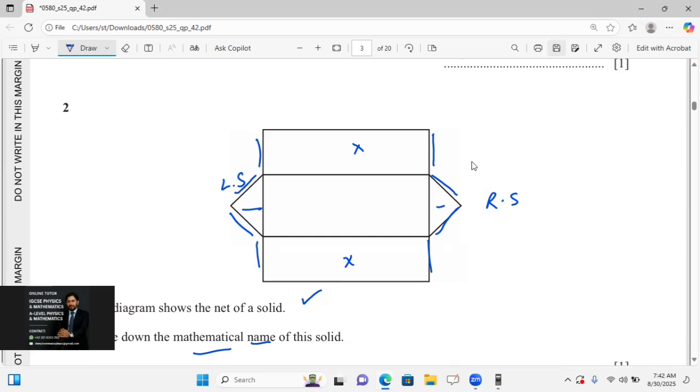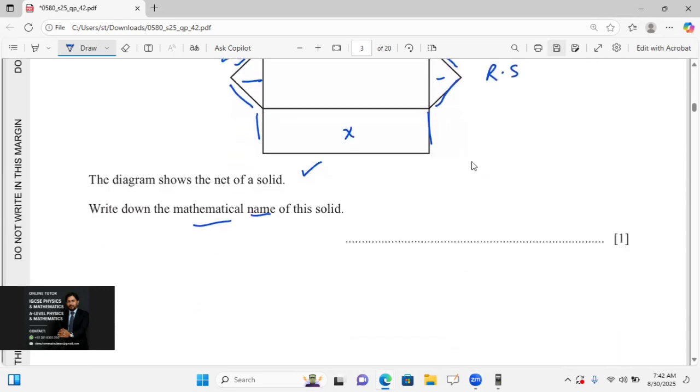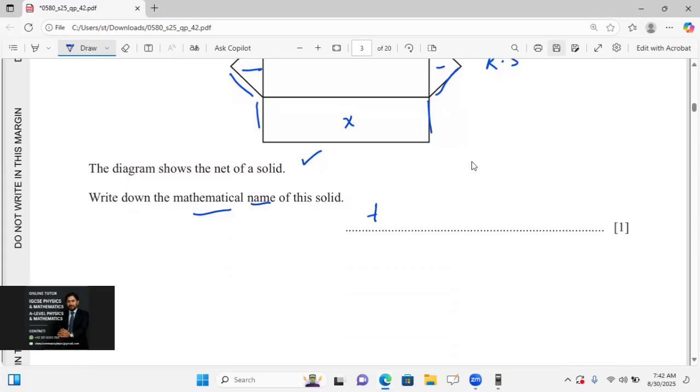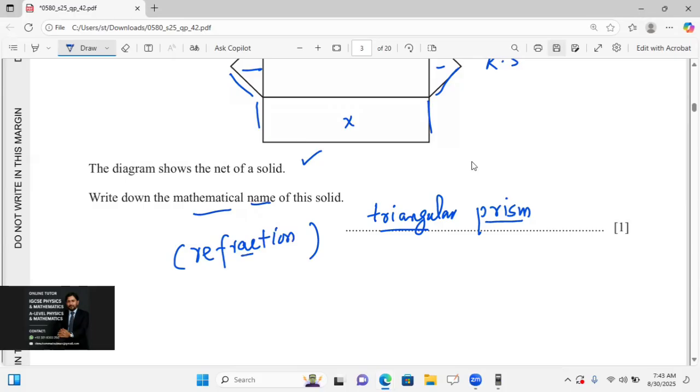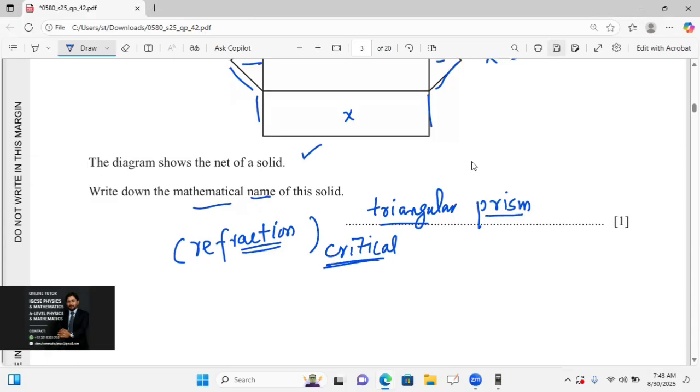So it is a triangular prism, which we also use in the physics lab for refraction experiments, angle of deviation, and critical angle.